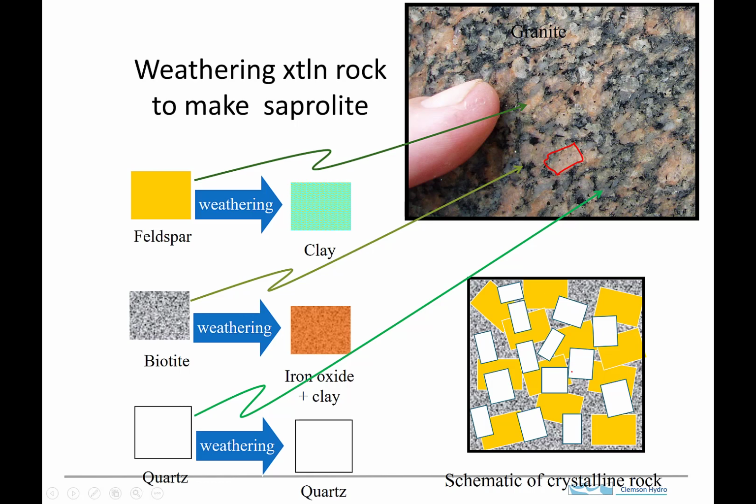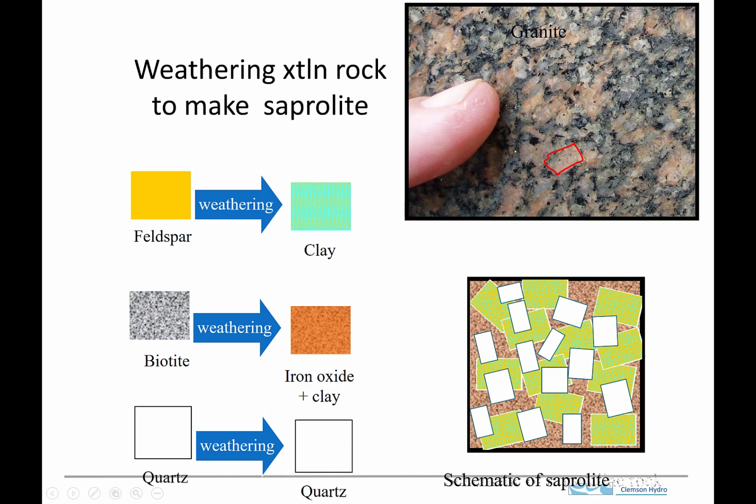But if we take a look at this schematic down here, you can see that the way I've drawn this, the quartz grains are isolated, and the feldspar and biotite is interconnected. And so what happens during the weathering process is that the feldspar and biotites change, and I'm going to show this with some animation here.